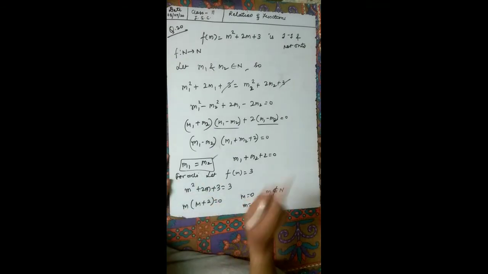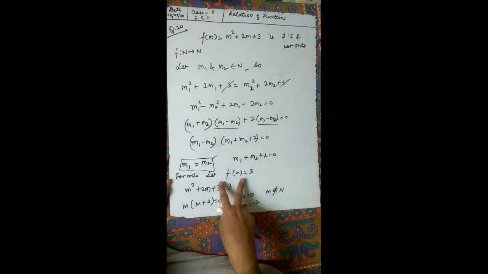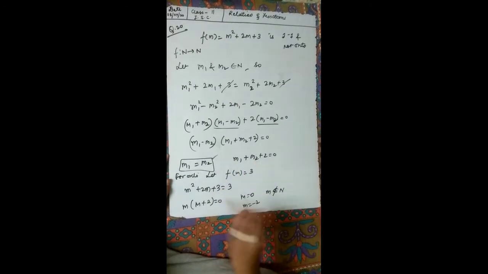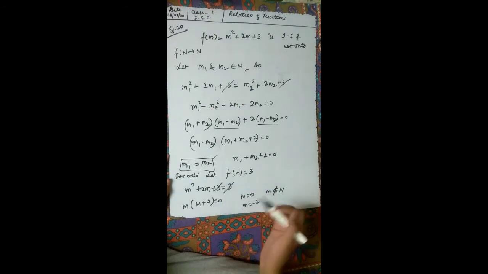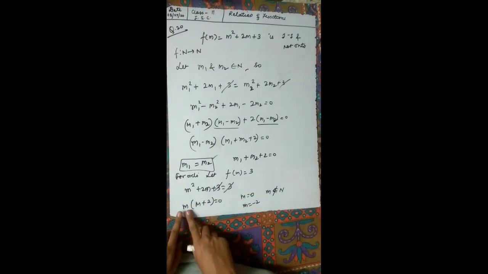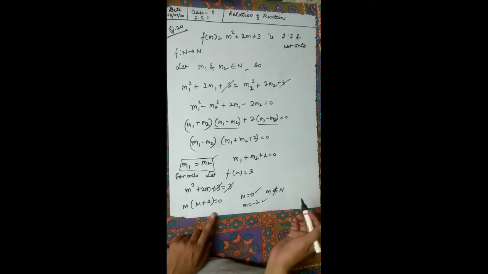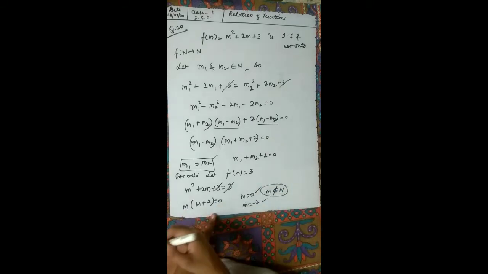Now this is not an onto function. How? As I told you, if you consider f(m) is equal to 3. Now why am I considering 3? So that this 3 and 3 cancel and I can take m common. So m plus 2 equal to 0. You'll get m equal to 0 and m equal to minus 2, which does not belong in the natural number.